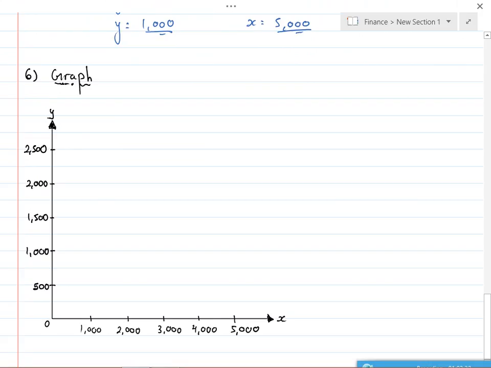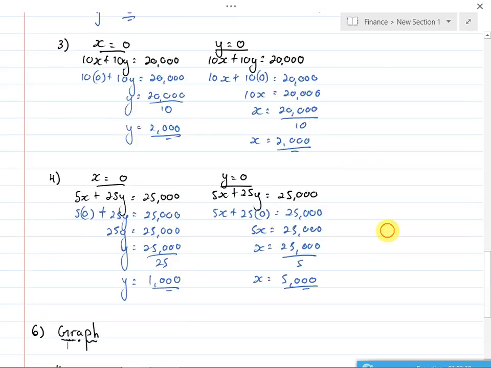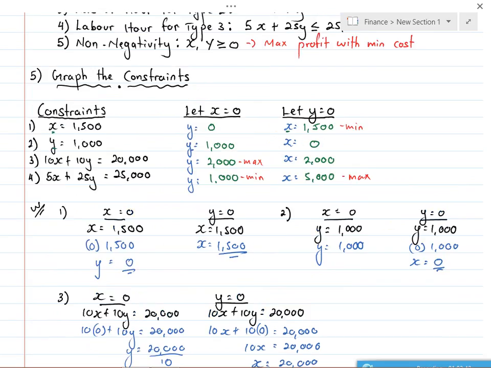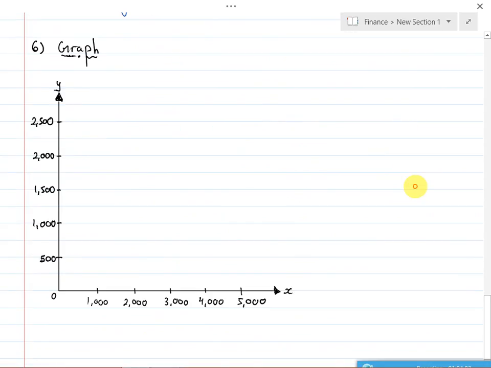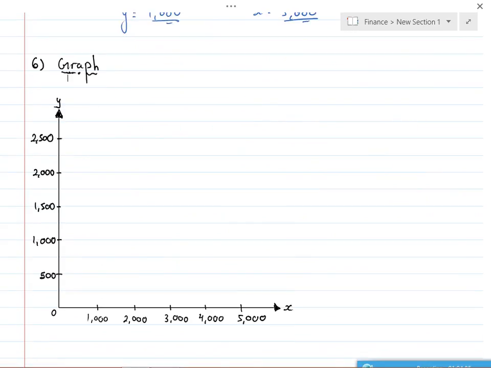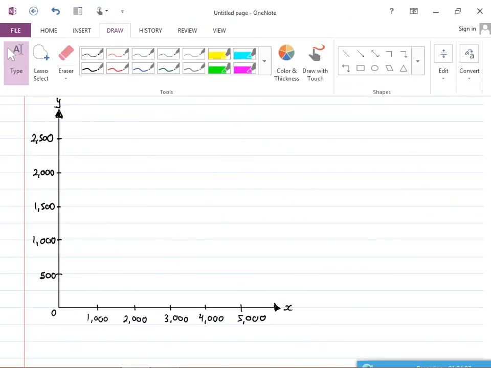Now, how are you going to plot? You're going to follow the constraints over here. Graph the constraints. Look at that. Y equals to 0, x equals to what? 1500. So x is 1500. So you go to your x, find for your 1500. Am I right?